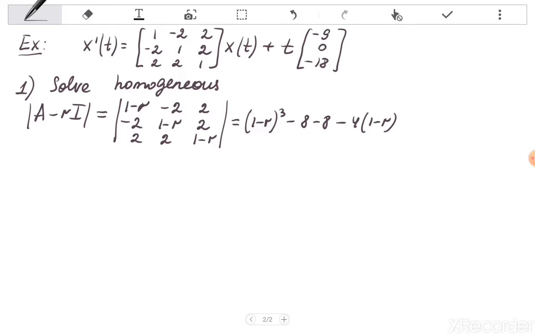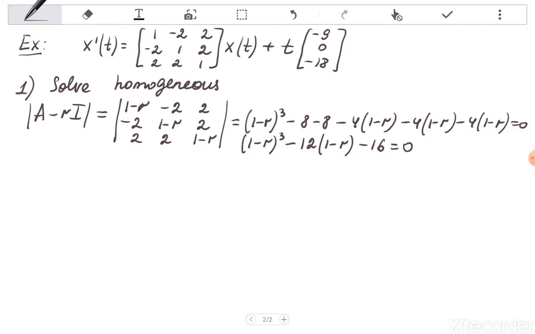So here again minus 4, 1 minus r, minus 4, 1 minus r. This must be equal to 0. So this is the same as 1 minus r cubed minus, how many 1 minus r do we have here? 4 times 3, minus 12, 1 minus r, minus 16 must be equal to 0.